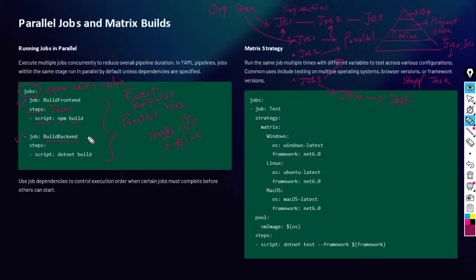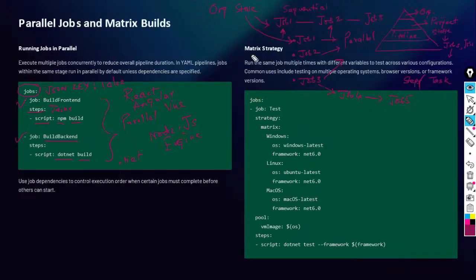And for the backend, let's say the backend is provided by Microsoft .NET. So this job will parallelly start the .NET build, and the npm build. So this is the frontend for React, Angular, Vue, and for the build backend, the .NET applications using the .NET build. Anyway, that is besides the point.